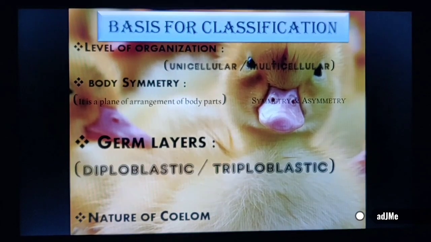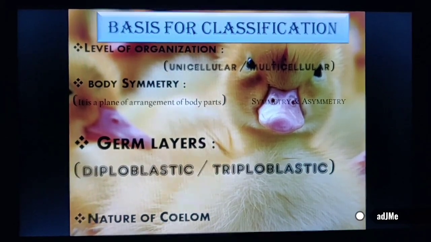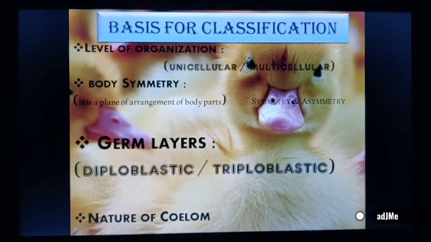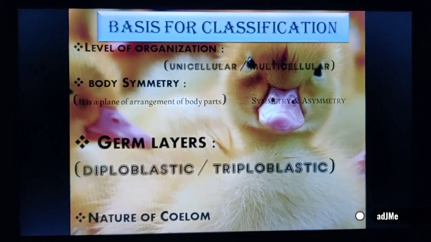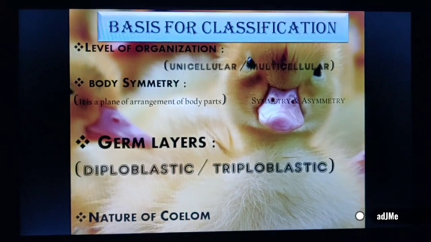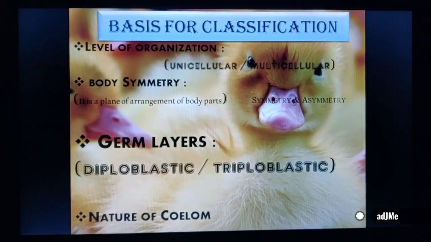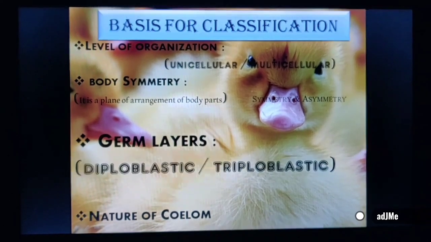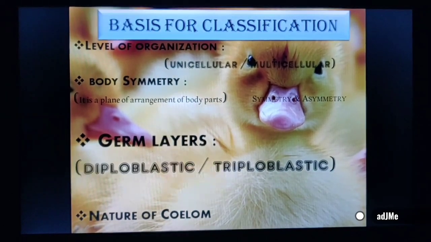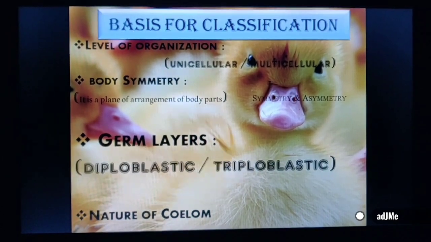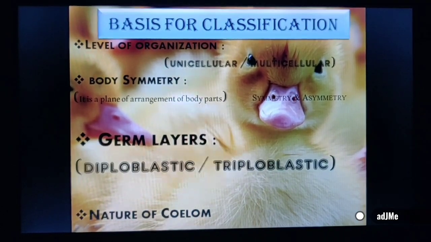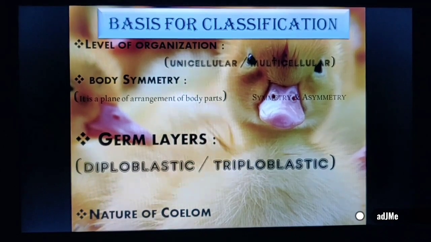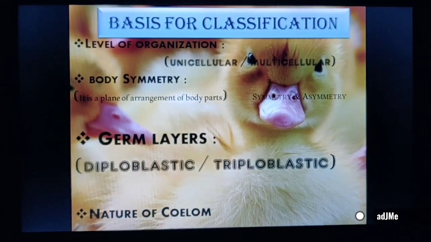Again I said before, di means 2, so diploblastic animals, and triploblastic animals. Tri means 3, for example tricycle. A rickshaw is called a tricycle. For example, an auto, where you come across 3 wheels, 3 tires, they call it a tricycle. Here, based on the number of germ layers, they are classified into diploblastic animals and triploblastic animals.